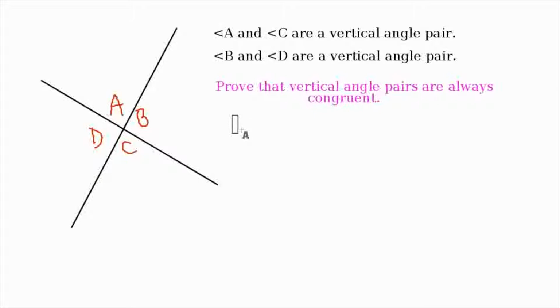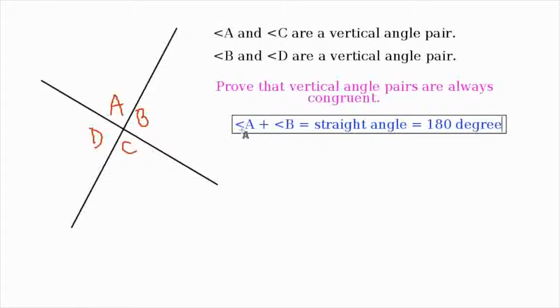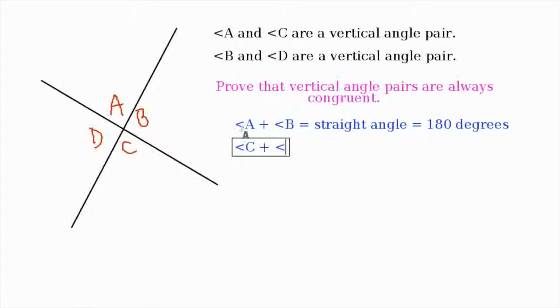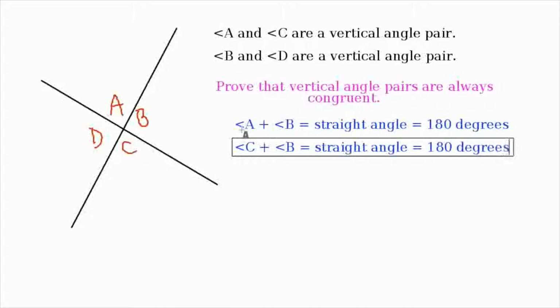We know that angle A plus angle B is equal to a straight angle, and we know that straight angles are 180 degrees. We also know that angle C plus angle B is also equal to a straight angle, which, of course, is always 180 degrees. So apparently, look at this.